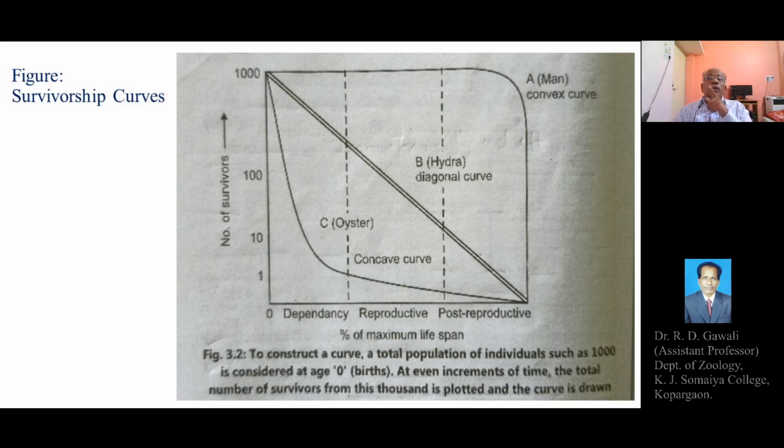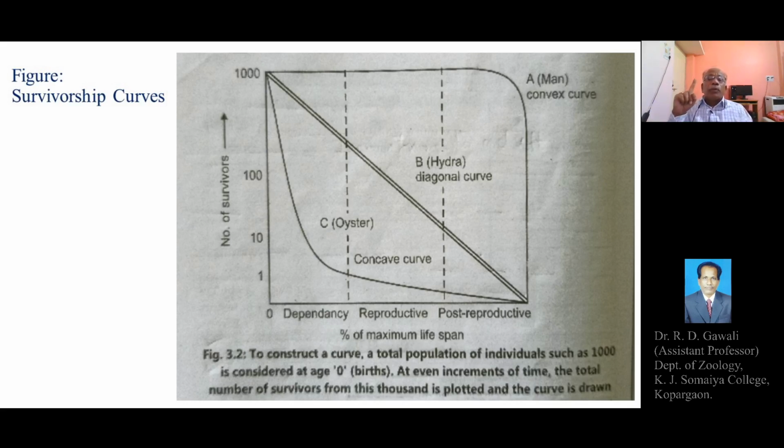So when the mortality rate is constant, when the population of 1,000 individuals, in the case of hydra or birds, has a constant death rate throughout the different stages of life of the individuals, this represents the straight or diagonal curve.